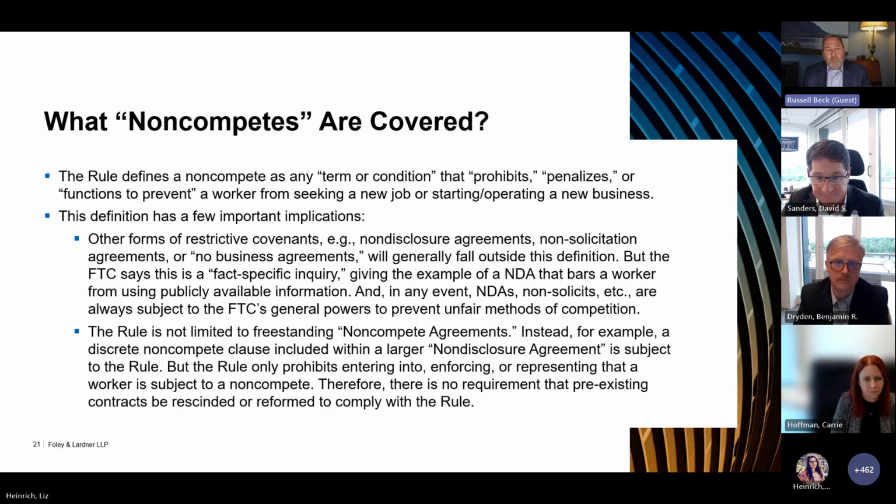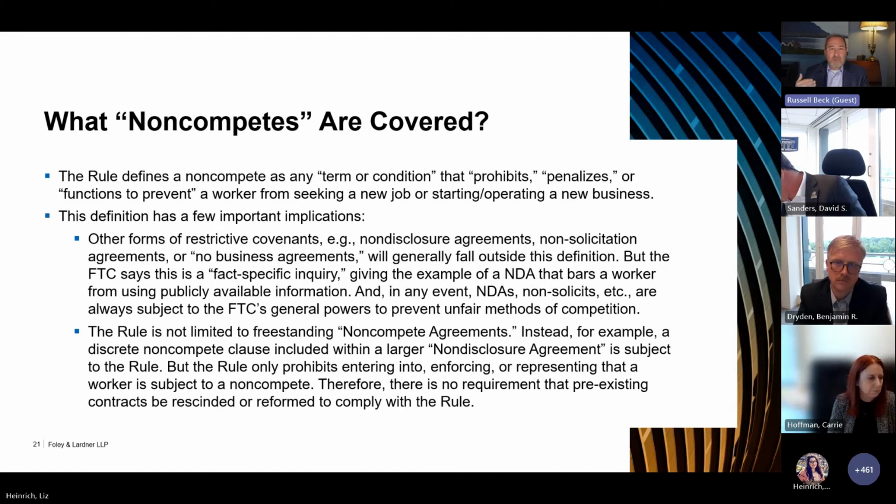But as a consequence of the breadth of the "prohibit, penalize, or function to prevent" language, it potentially brings within the scope non-disclosure agreements, meaning confidentiality agreements, agreements that you won't use or disclose the company's confidential information; non-solicitation agreements, so you won't solicit their customers; no-recruit agreements, you won't solicit their colleagues; or no-business agreements, meaning no-service agreements.